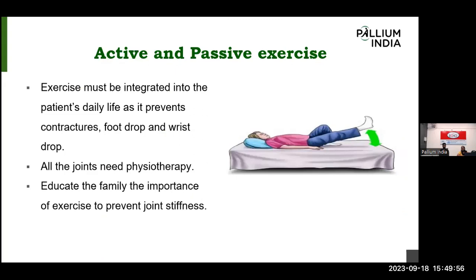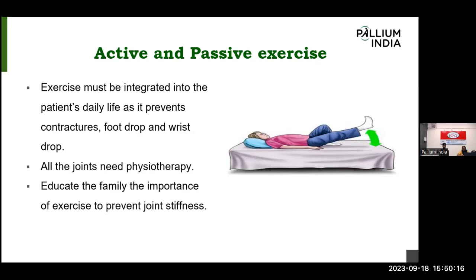And coming to the next part, active and passive exercise. If you do some exercise for bedbound patients, definitely we can prevent contractures, and we can prevent pressure sores also. That way we can improve the circulation.